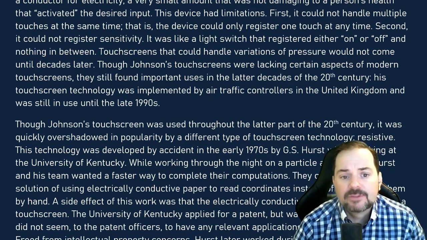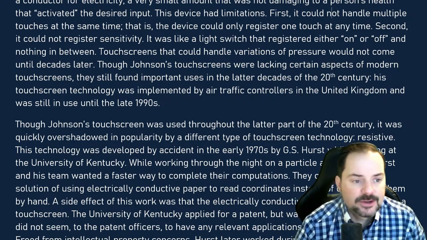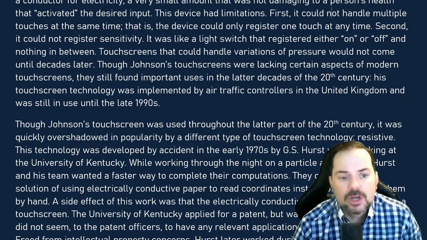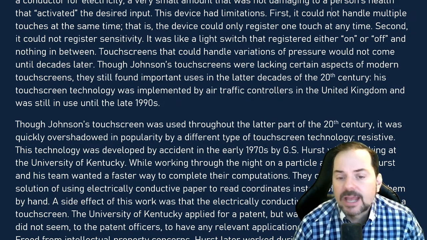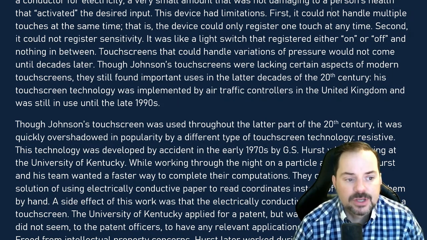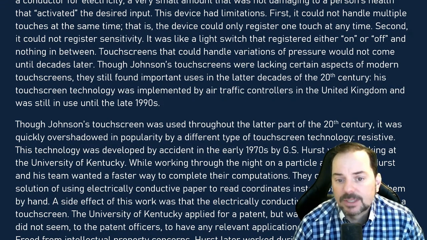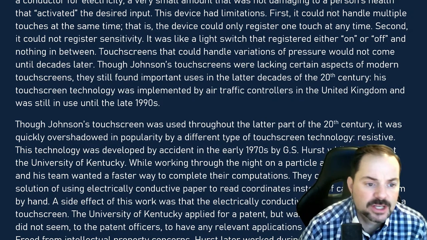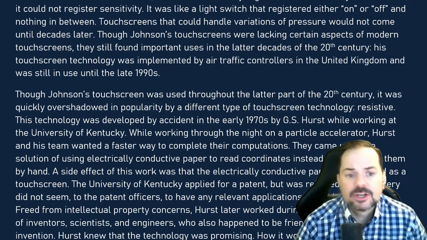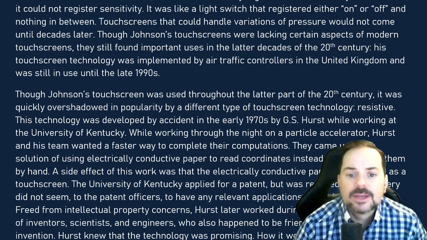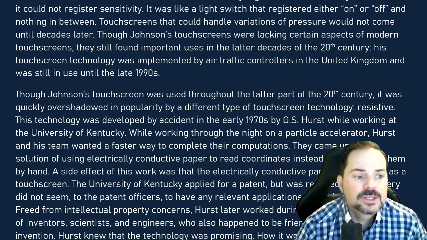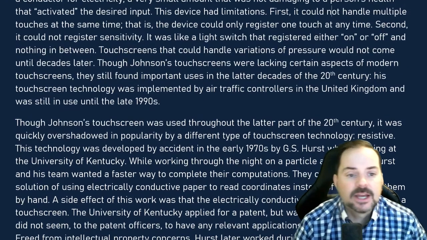Touchscreens that could handle variations of pressure would not come until decades later. Though Johnson's touchscreens were lacking certain aspects of modern touchscreens, they still found important uses in the latter decades of the 20th century. His touchscreen technology was implemented by air traffic controllers in the United Kingdom and was still in use in the late 1990s.